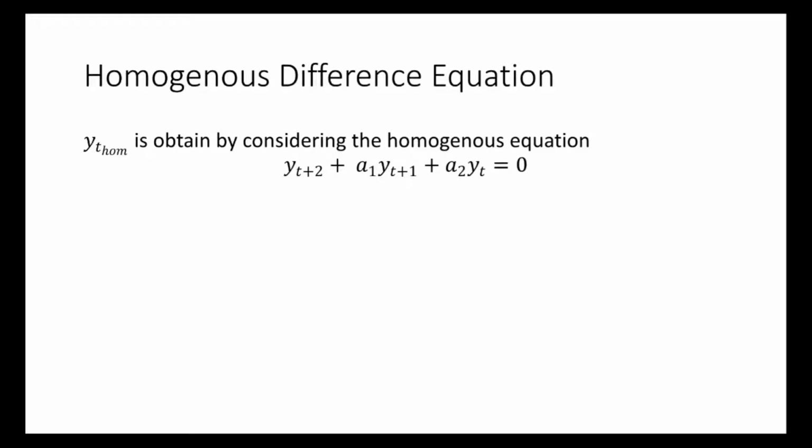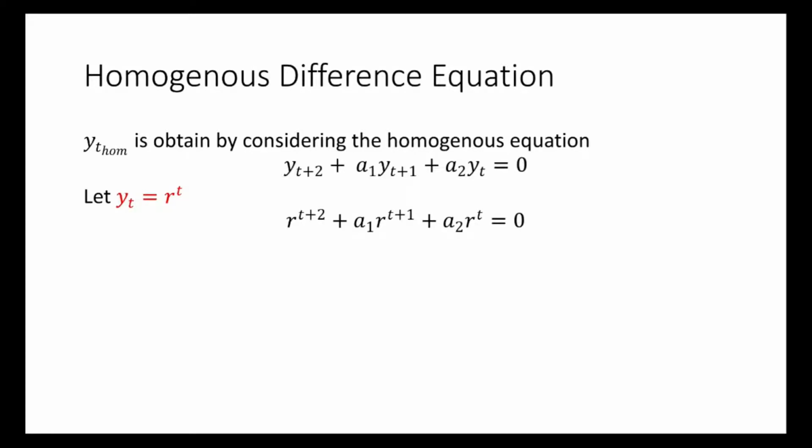All right, so just assume that the solution is in the form of r to the power of t. So if y_t is r to the power of t, of course y_{t+2} is r to the power of t plus 2, and y_{t+1} is r to the power of t plus 1, right?